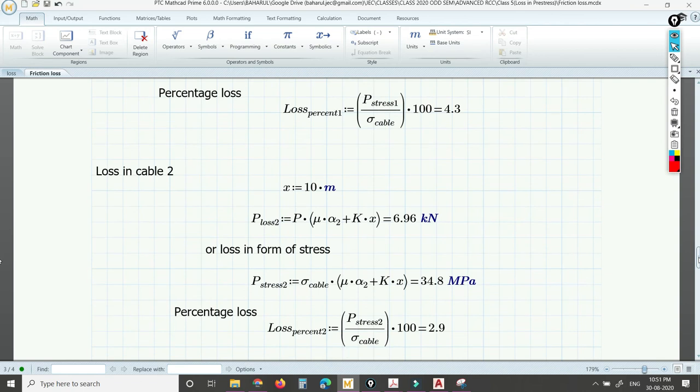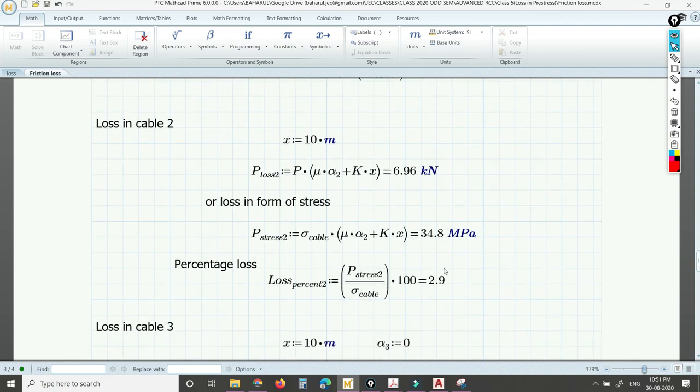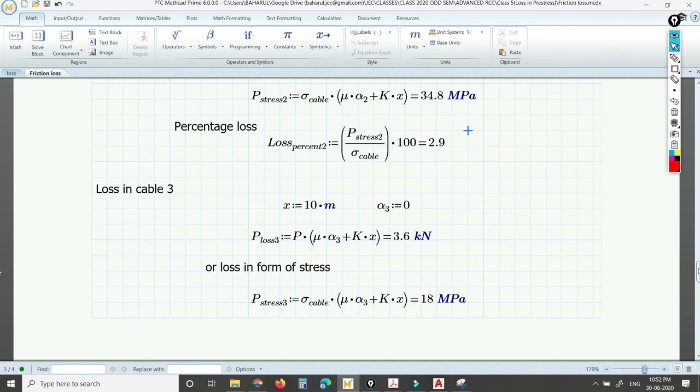And in cable 2, with the same process, the value of pre-stressing loss is 2.9. For the third cable, this was a straight line, so alpha will be 0. If alpha is 0, then the equation becomes sigma cable into Kx.